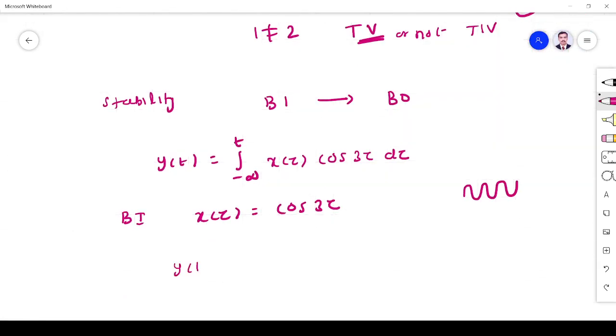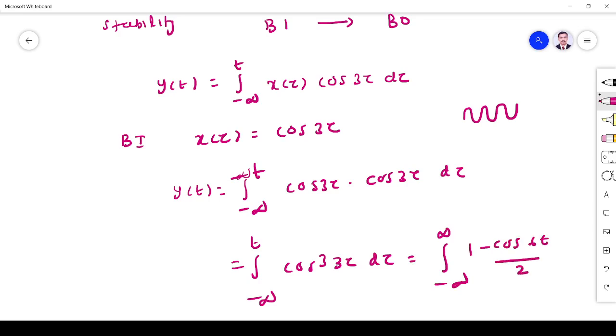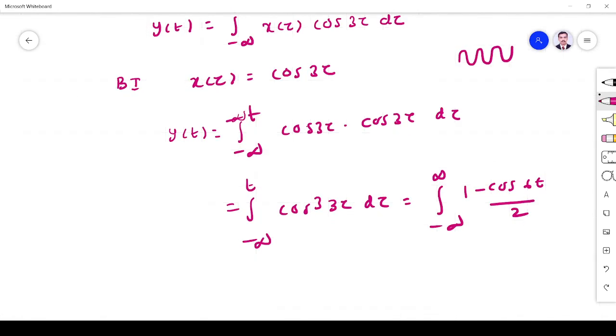So now we have the integral from minus infinity to t. I gave the bounded input, so cos 3 tau into cos 3 tau d tau. What I get is the integral from minus infinity to t of cos squared 3 tau d tau, which is the integral of 1 minus cos 6 tau divided by 2.